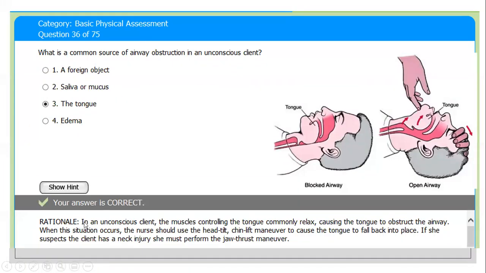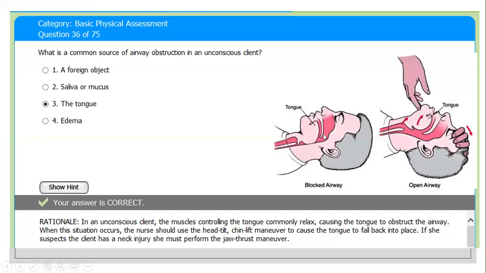So, rationale. In an unconscious client, the muscles controlling the tongue commonly relax, causing the tongue to obstruct the airway. When this situation occurs, the nurse should use the head tilt, chin lift maneuver to cause the tongue to fall back into place.